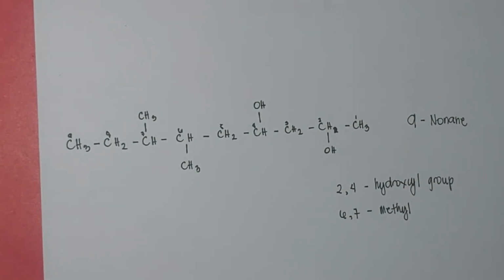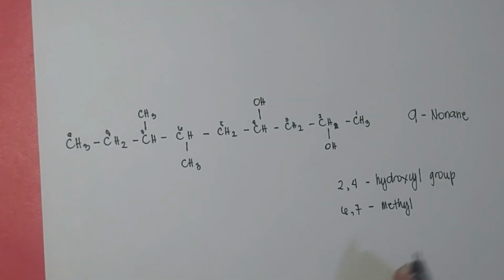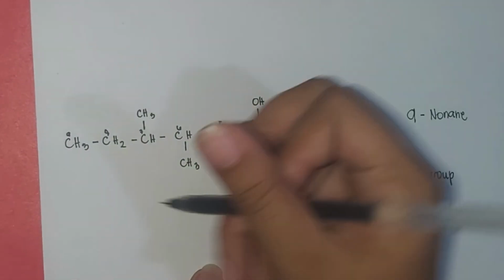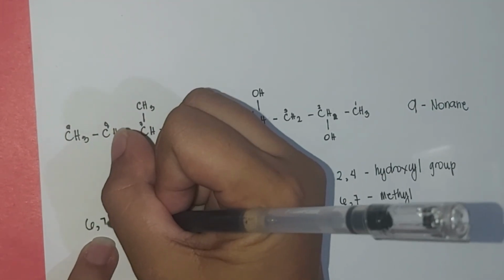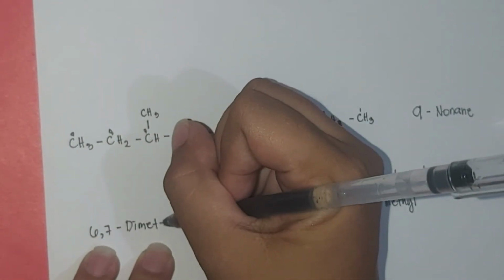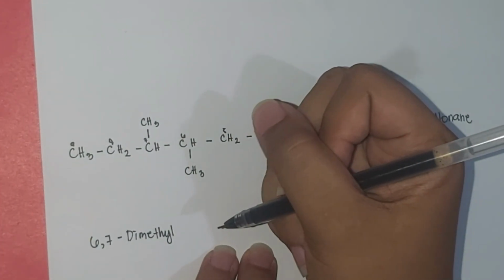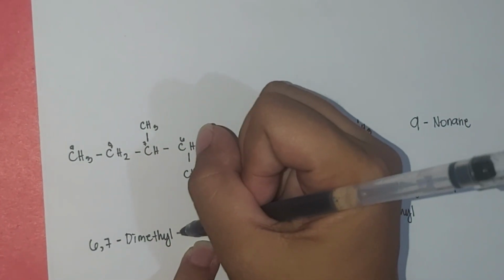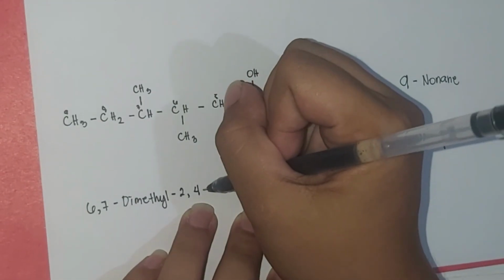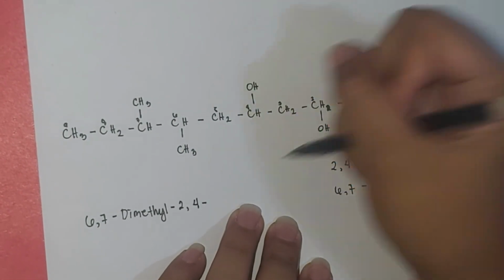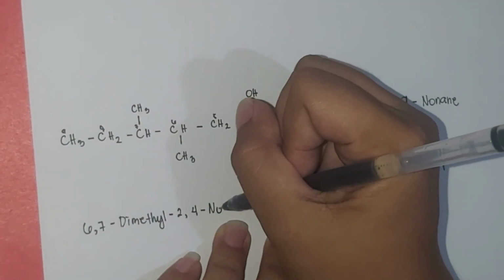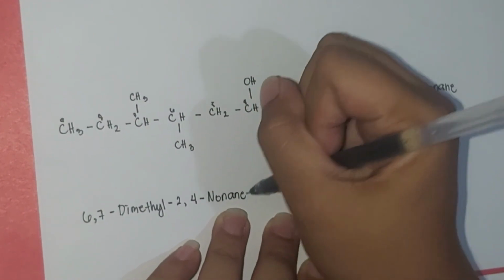In naming this, we have to put first the methyl, and since there are 2 methyls, we put 6,7 dimethyl, and the 2,4 hydroxyl group, and then the parent chain name.